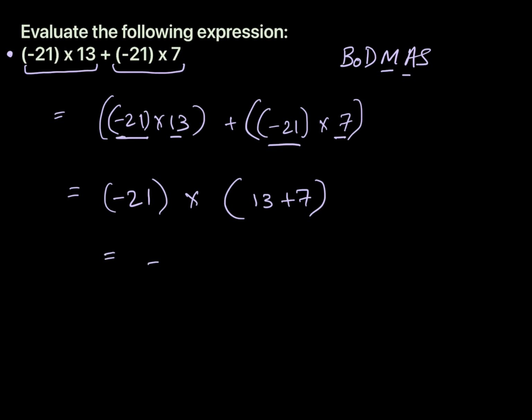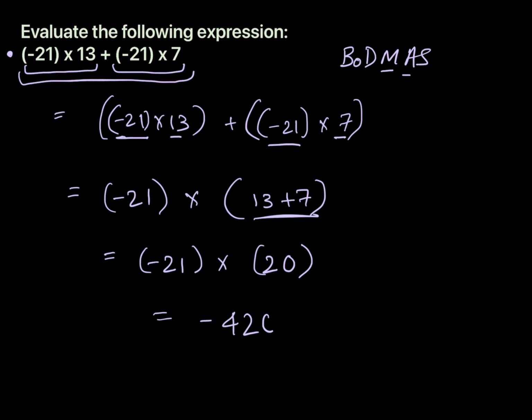So we get minus 21 into 13 plus 7, which is 20. So this entire expression evaluates to minus 420.